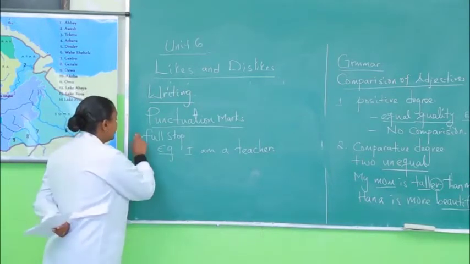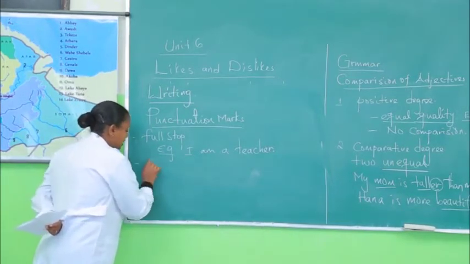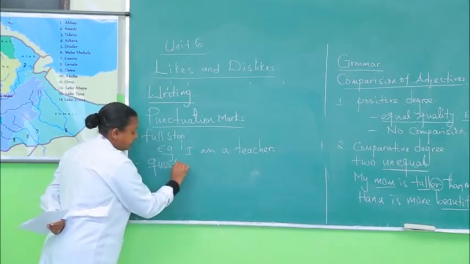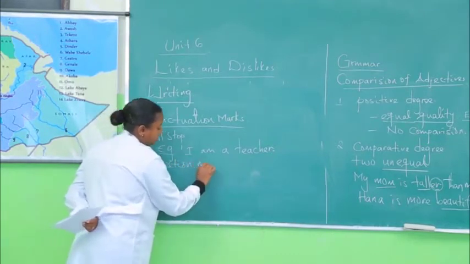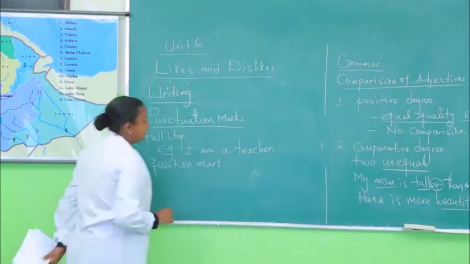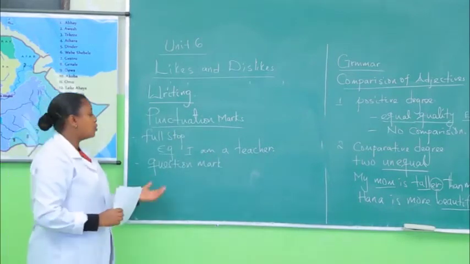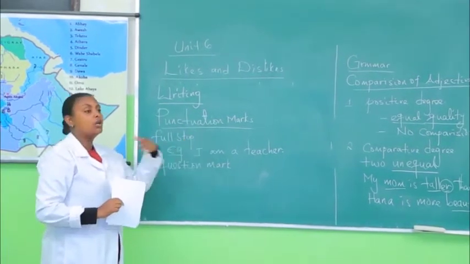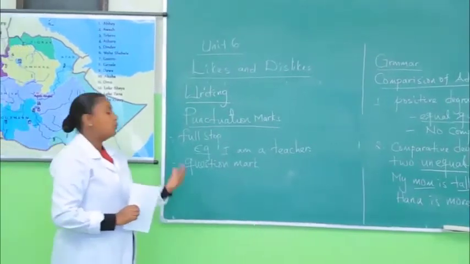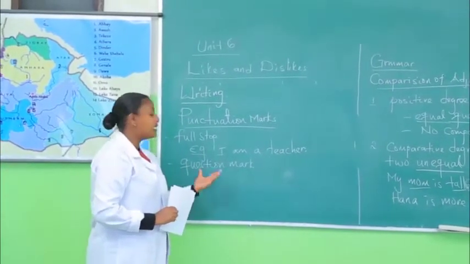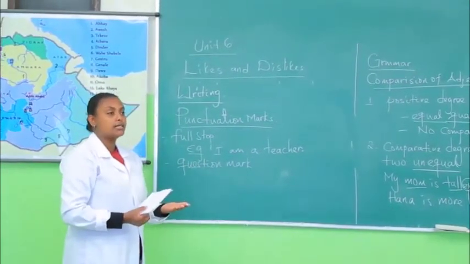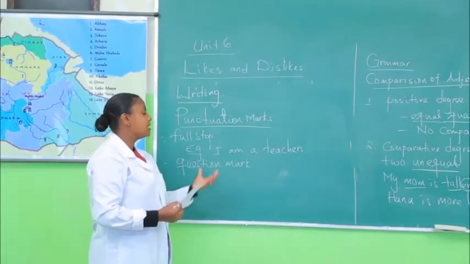So the other one is question mark. This question mark is also a type of punctuation mark. When are we going to use it? We use this question mark at the end of a question sentence.